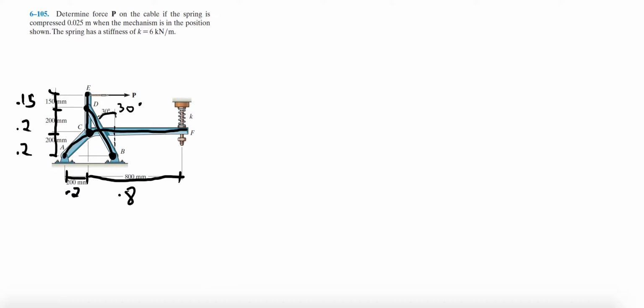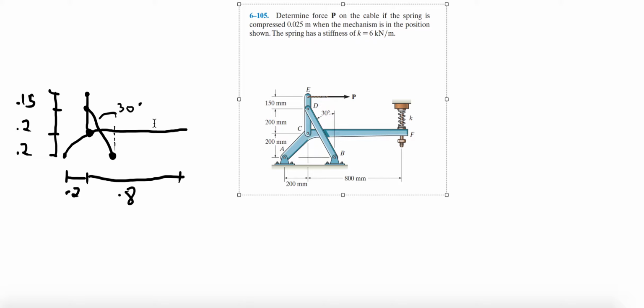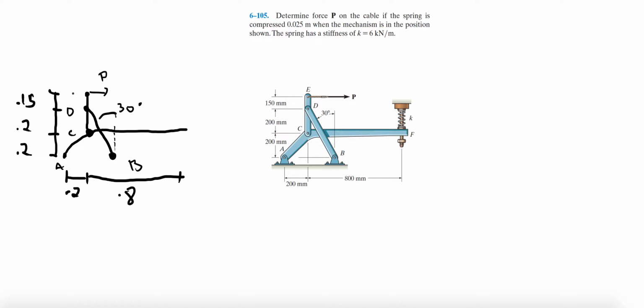So let's see. If I move this around, alright, cool. So with my free body diagram, I just wanted to do that. And this is obviously A, B, C, D, and obviously E. That was F. We have a force being applied by the spring.